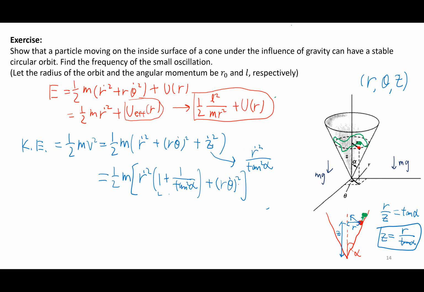And in fact, this one can be just written as 1 divided by sine square alpha. And as for the potential energy, it's just mgz, and I can again write it as mg times r divided by tangent alpha.